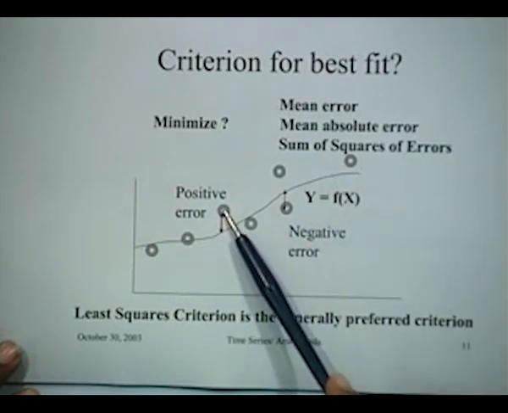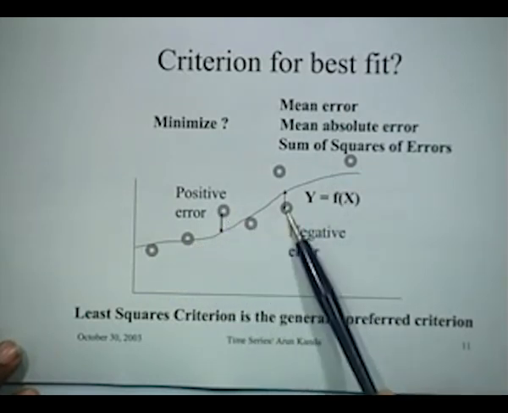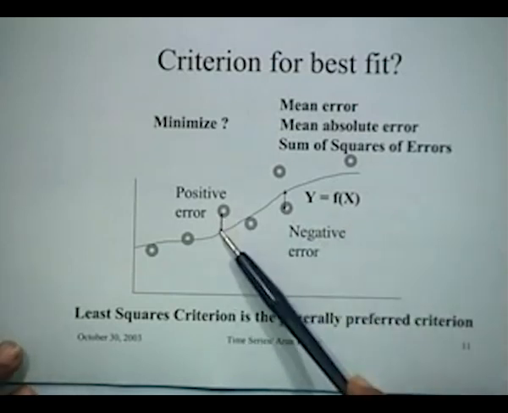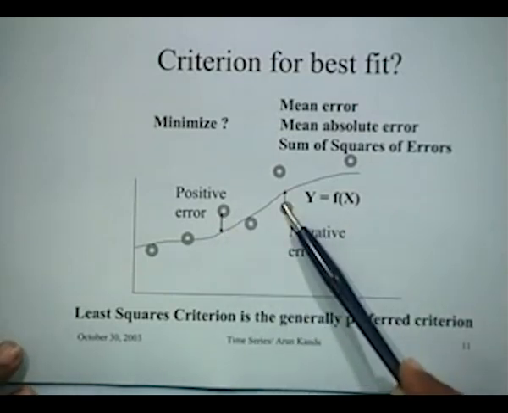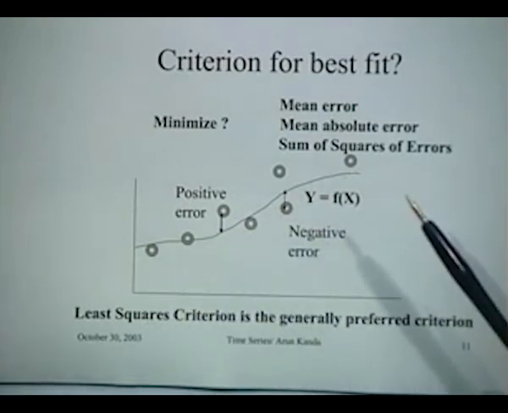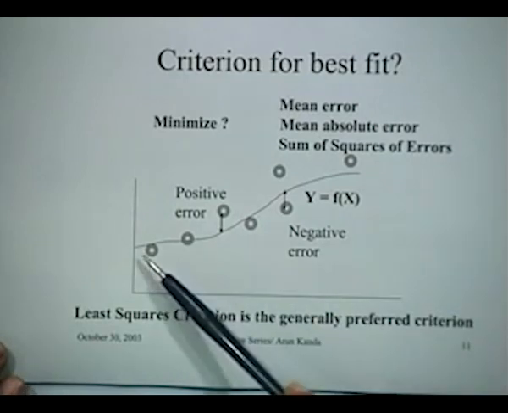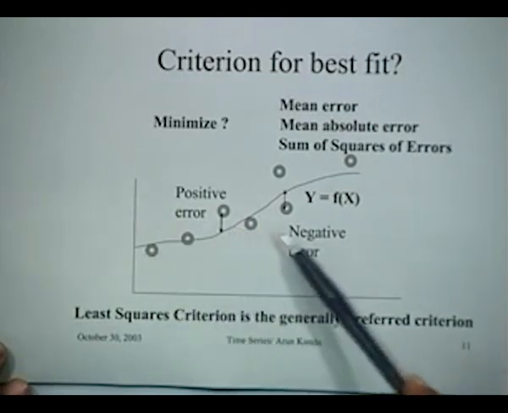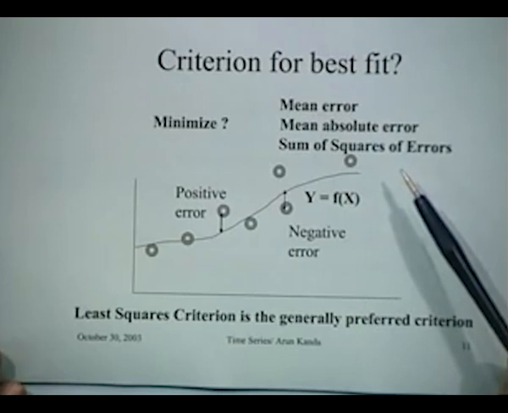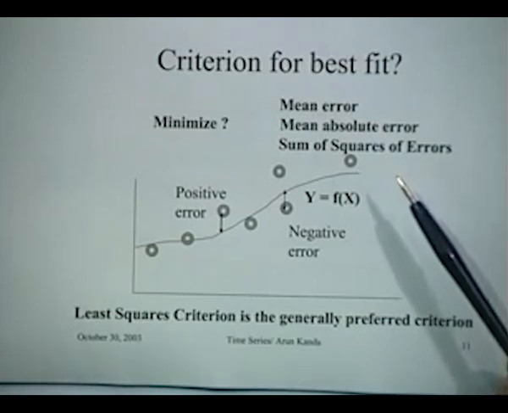Some points will be above the function, some points will be below the function invariably, and this is a positive error, this is a negative error. So really speaking, you would like to ensure that there are no errors. In fact, if you could develop a function which passes through all these points without any errors, that would be an errorless regression function.